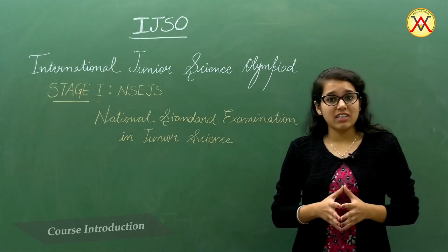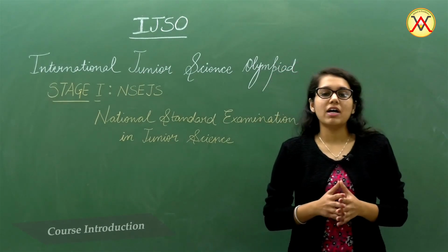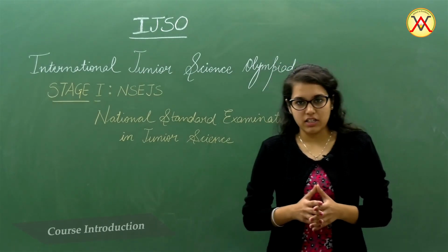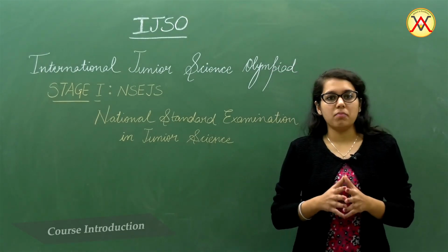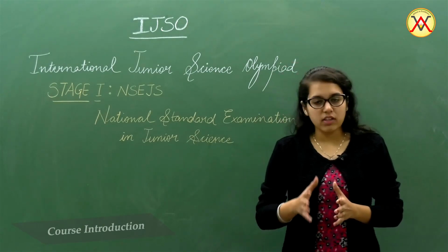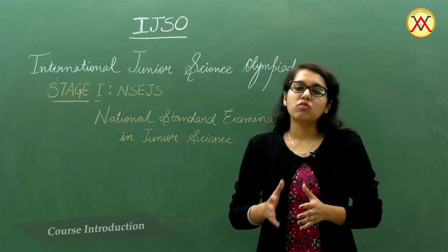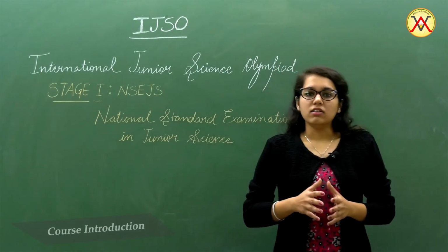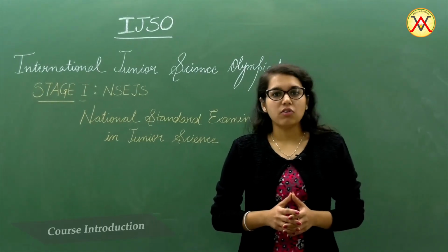This stage is organized and conducted by IAPT, the Indian Association of Physics Teachers. IAPT prepares the question paper, and out of all the applicants, 300 or 350 students will qualify and move on to the second stage. The qualified students will receive a certificate after qualifying this first stage of the Olympiad.